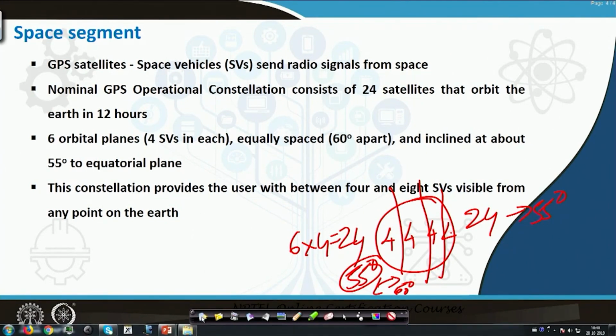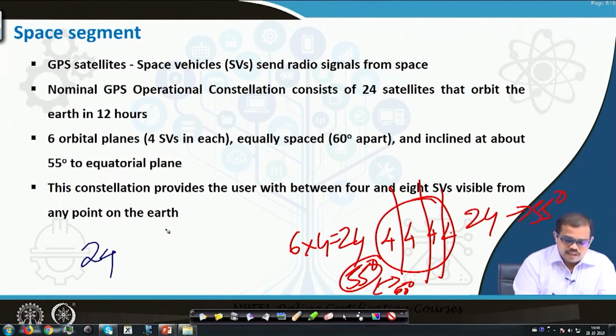Let me go back and explain it in a different way. Let us say we have 24 satellites.